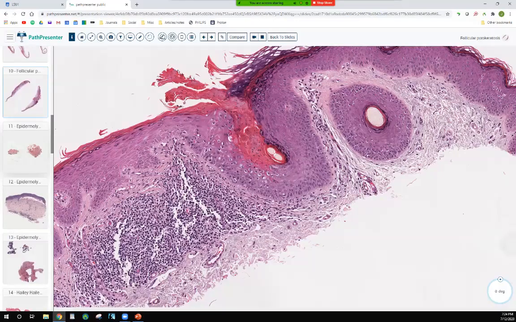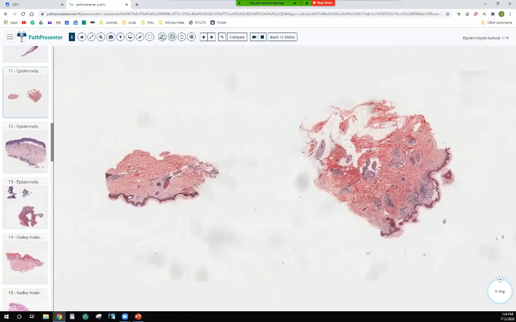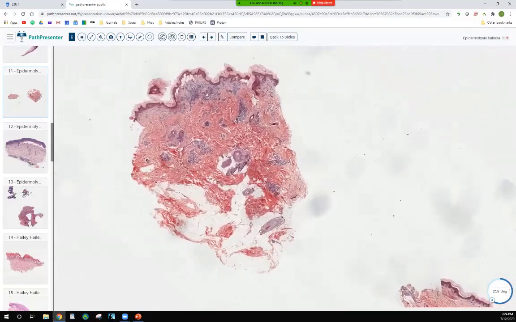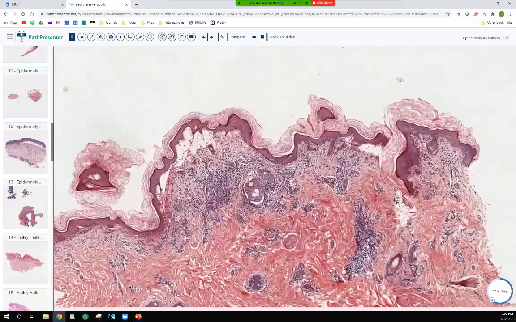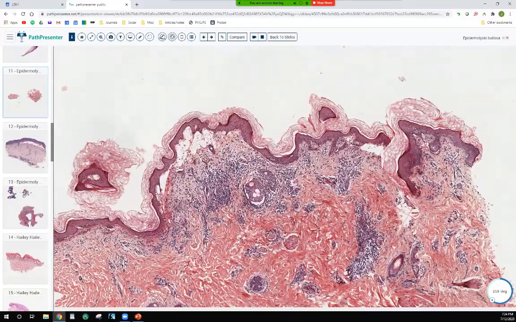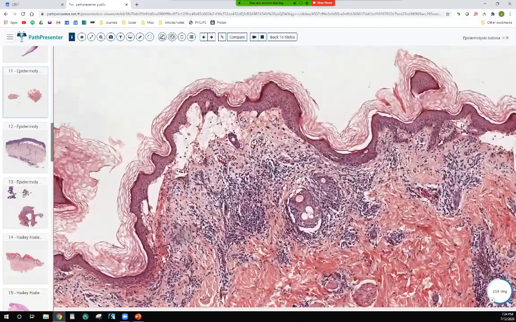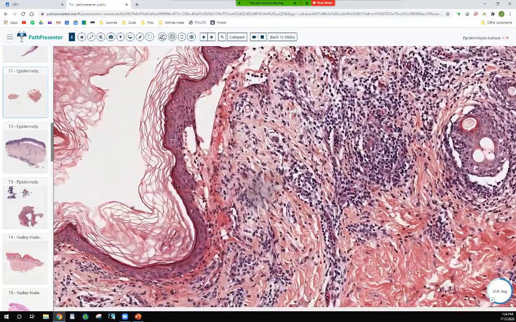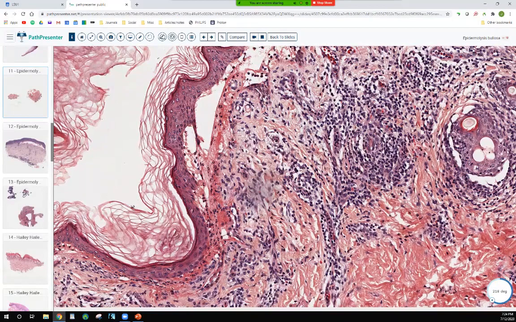If we look at it, we have a couple of examples here. Here's a biopsy that shows a split, and you may think, well, it's subepidermal, and it is kind of subepidermal, but if you look closer, you can see remnants and splitting going on right here within the epidermis itself.